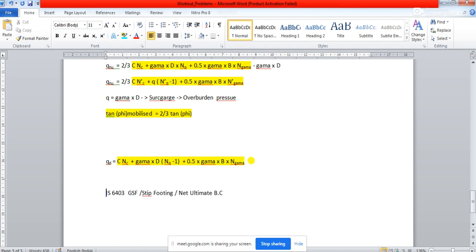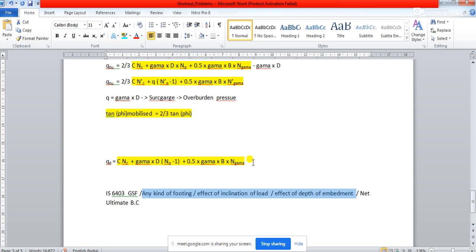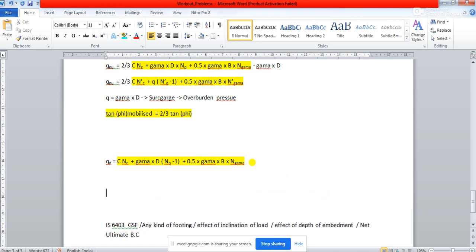Now if I want to change this for general shear failure and for any kind of footing, considering the effect of inclination of load and the effect of depth of embedment, I will have to change this formula and introduce different factors for each of these.